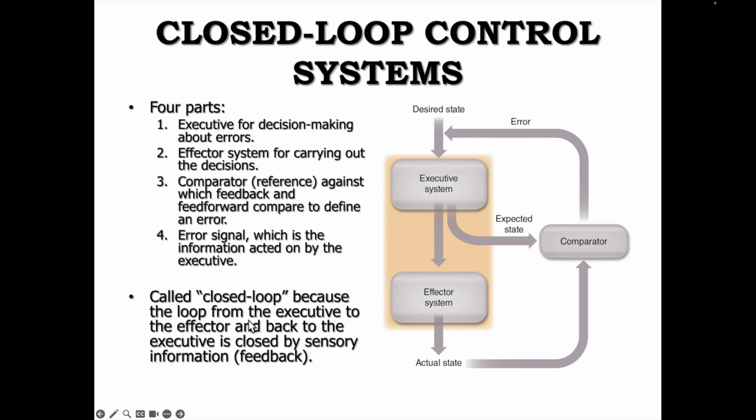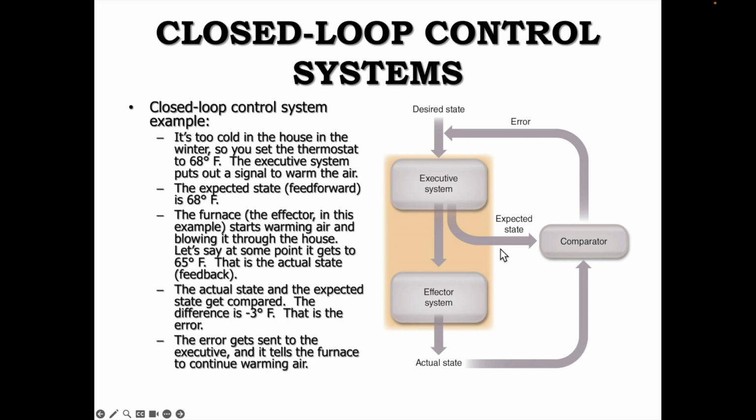The reason this is called a closed loop control system is because the loop from the executive to the effector and back is closed by sensory information, essentially giving feedback. Here's an example. In your house, it's too cold.